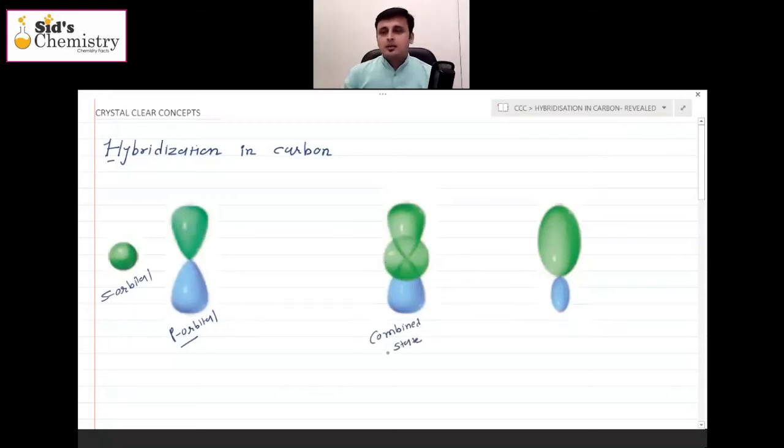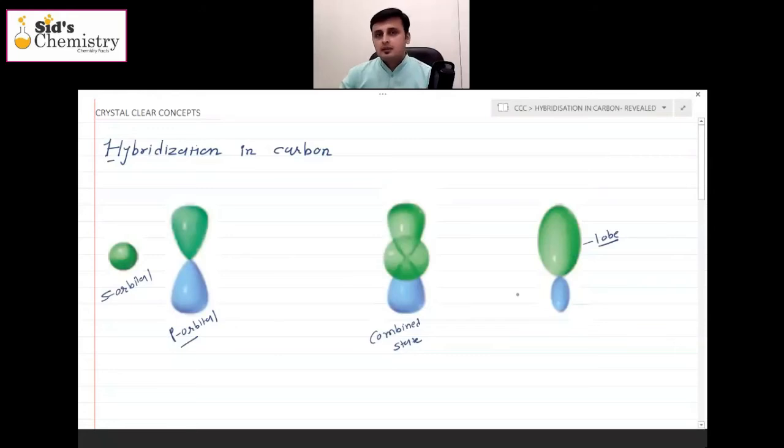Now what happens? You can see this green portion: some of the s orbital will add up to the p orbital, so the lobe will become larger. The upper lobe becomes larger because the s orbital is added to the p orbital lobe.